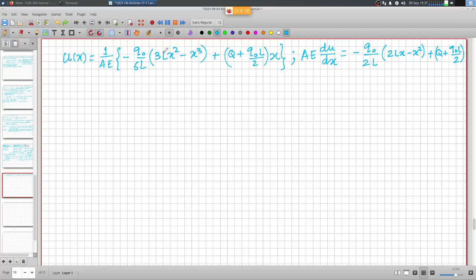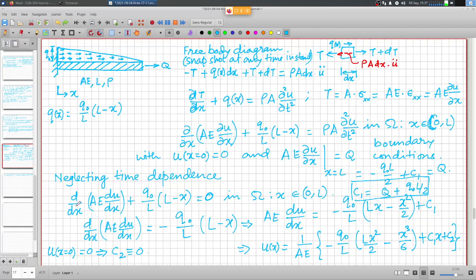The displacement varies as a cubic polynomial within the domain 0 to L. That is obviously because the governing differential equation is of second order, and the second order derivative term is equal to a first degree polynomial. So double integration would lead to a cubic variation with respect to x, and that is what you are getting here, right?